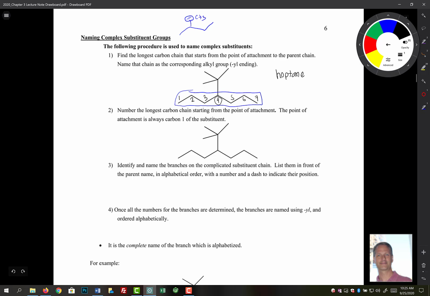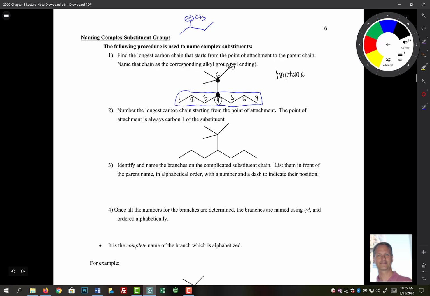So our point of attachment is here. Off of carbon number 4, we're connected directly to this carbon. That's our first point of attachment to our parent chain. And our longest carbon chain off of that is 2 carbons. It doesn't matter if we go over this direction, to the middle, or over here to the right; there's just 2 carbons.